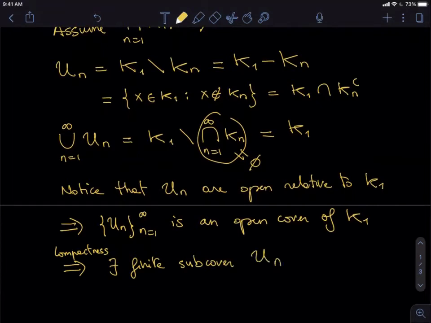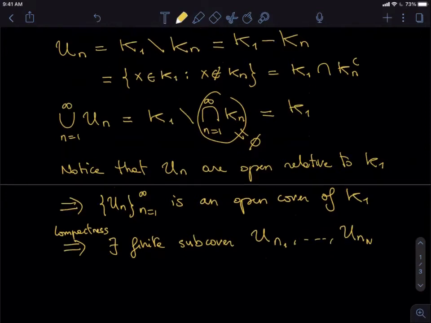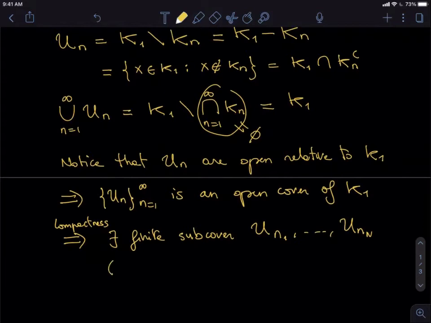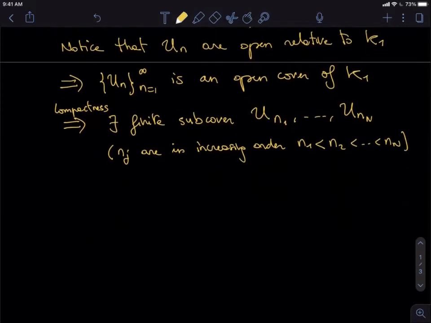Let's call it U_{n1} through U_{nN}. This means that I'm picking a finite number of indices that give me a cover of K1. Let's say, just to be clear, that the n_j are in increasing order, n1 less than n2 and so on, so we are on the same page.